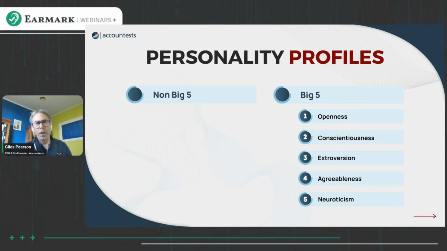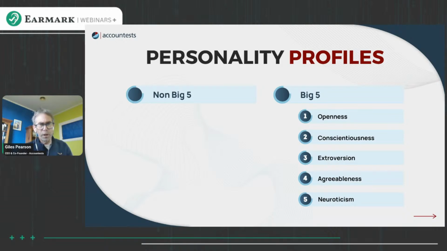And I guess you compare that to the others, the non-big five, and what they're often based on is looking at particular traits rather than across your whole personality, or they're actually designed more around team building and team building exercises rather than, if you like, a scientific approach to understanding your personality.